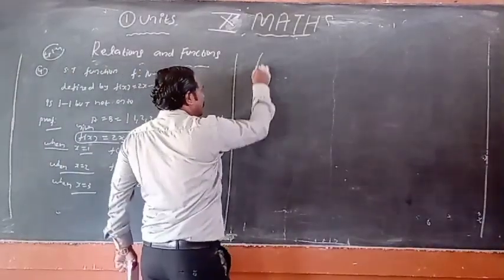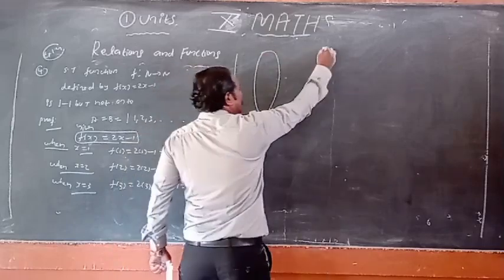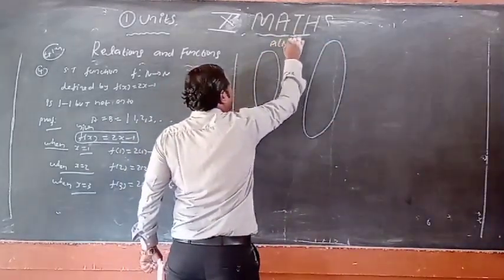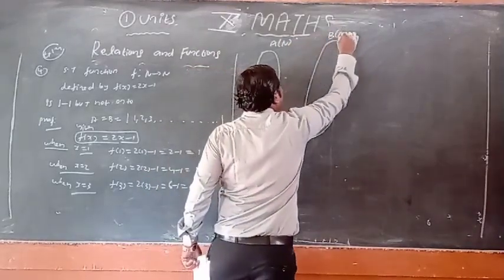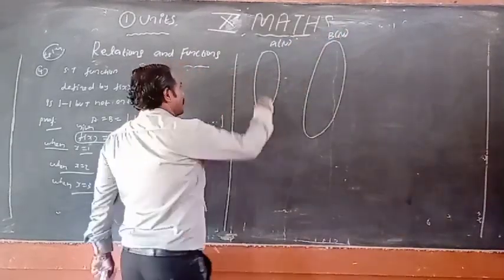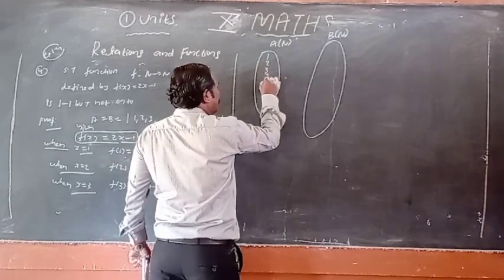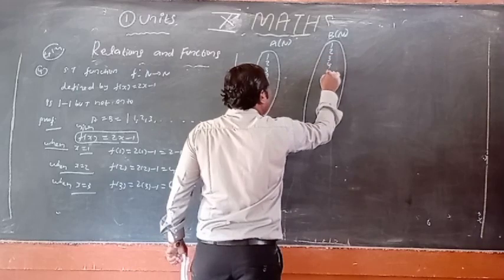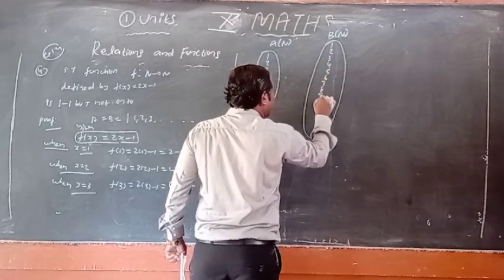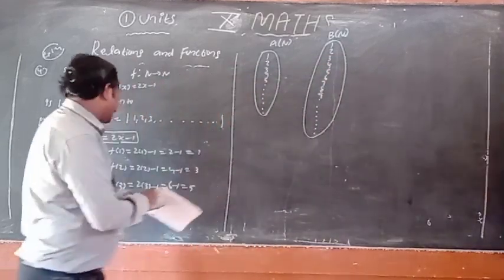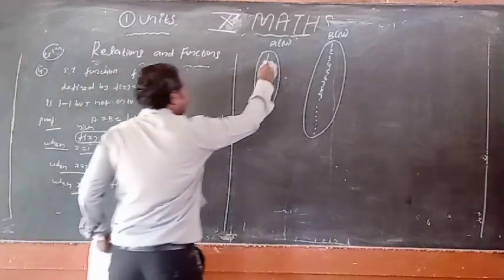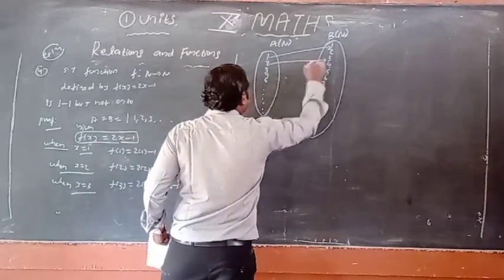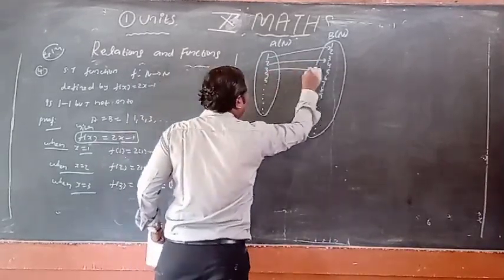Now, see the diagram. This is for domain, this is for codomain. A, this is natural number. B, this is also natural number. A to B. From natural numbers 1, 2, 3, 4, 5 and so on. 1, 2, 3, 4, 5, 6, 7, 8, 9 and so on. 1 substitutes, the value will become 1. 2 substitutes, the value 3. 3 substitutes, the value 5.